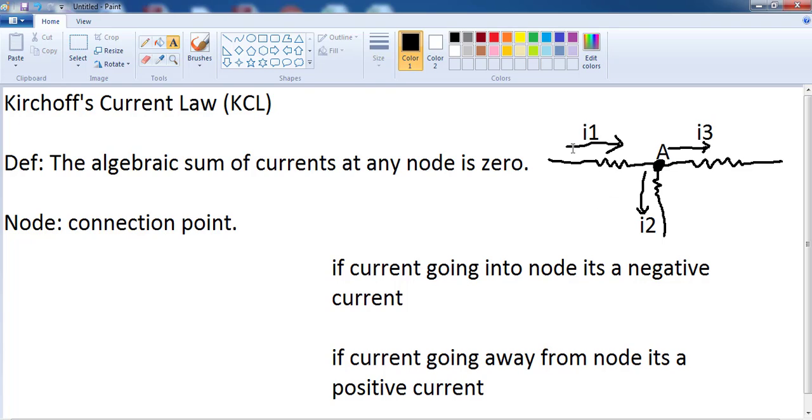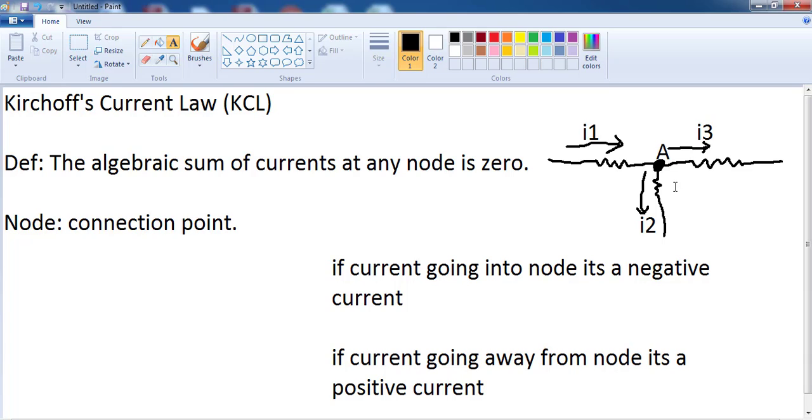So we have here I1 coming through this way, from left to right. I1 is going into node A, so it's a negative current. And I2 and I3 are leaving the node, so they're positive currents.